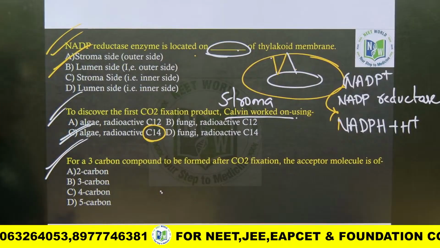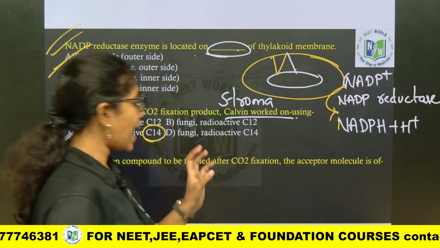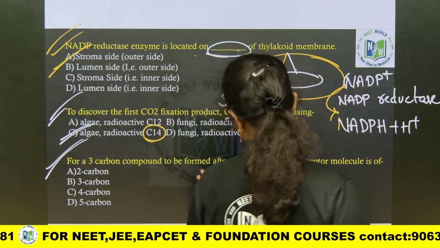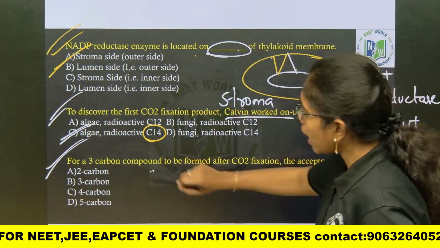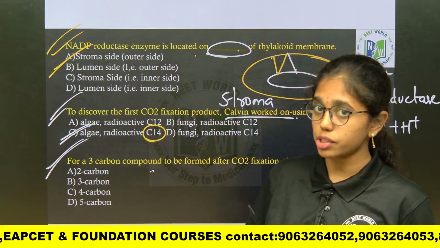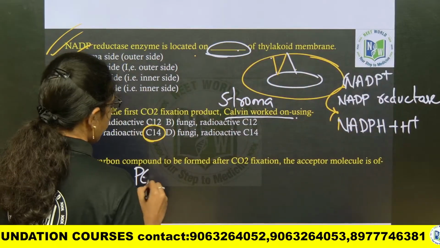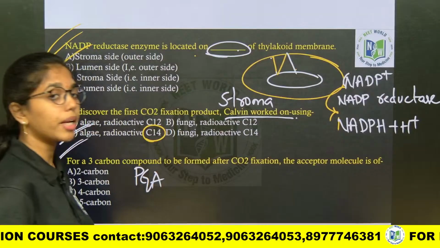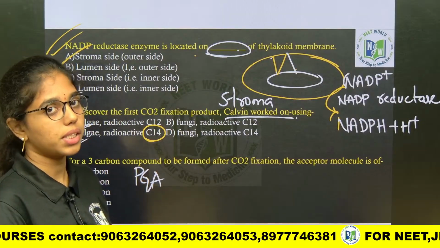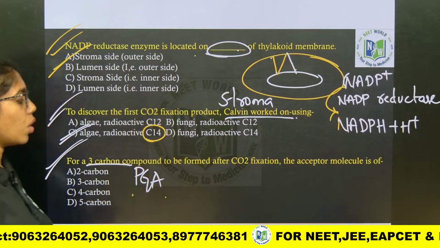For a carbon compound to be formed after carbon dioxide fixation, the acceptor molecule is of, okay, to form 3-carbon compound. What is the 3-carbon primary product that is formed after carbon dioxide fixation? Phosphoglyceric acid. If you have to take C4 cycle, the primary product formed is oxaloacetic acid. So, here he has asked a 3-carbon compound, it is phosphoglyceric acid.